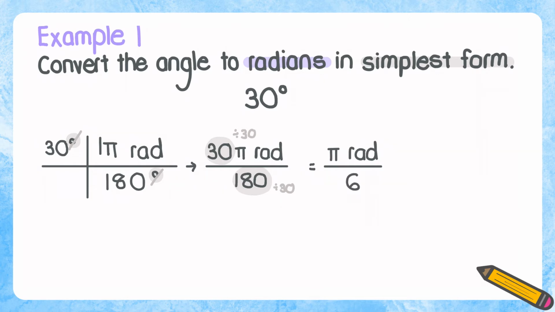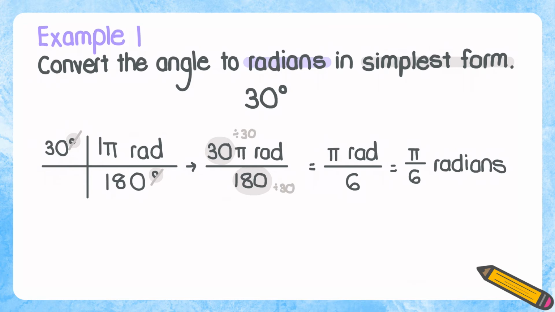And feel free to use your calculator here. Let me rewrite this a little bit. We have pi over 6 radians. So we were able to convert from degrees into radians using the fact that 1 pi radian equals 180 degrees.